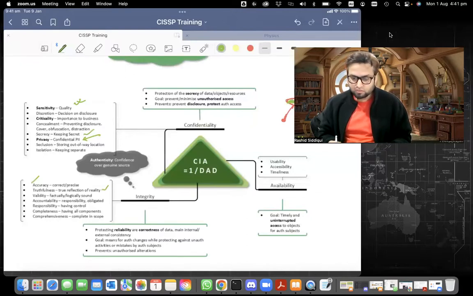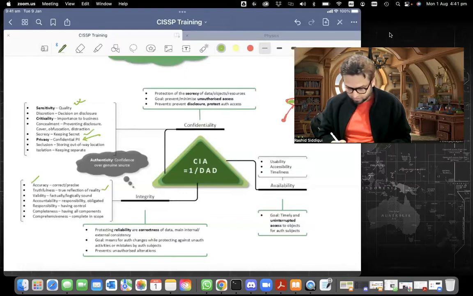Comprehensiveness is used to reflect that the data should cover the whole scope of the intended data objective. So that's comprehensiveness. These are the terms which sometimes come in the exams. As we practice questions more, we will know the different aspects of these words as well.